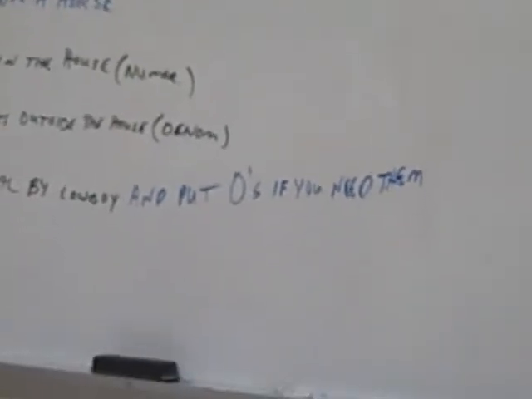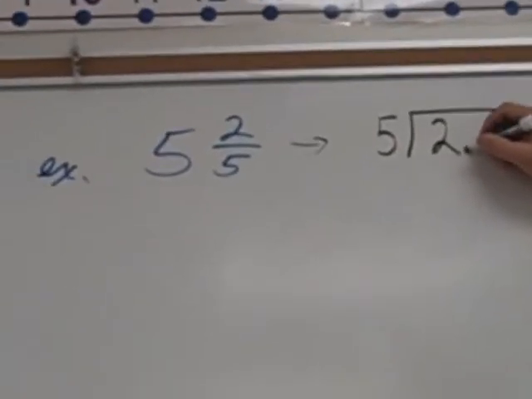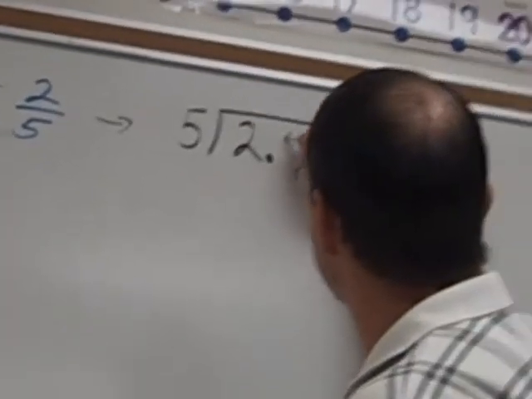Okay? Because Julian made a great point. 5 will not divide into 2. But I know 2 has a decimal. It's Casperized. And I'm going to put a 0.